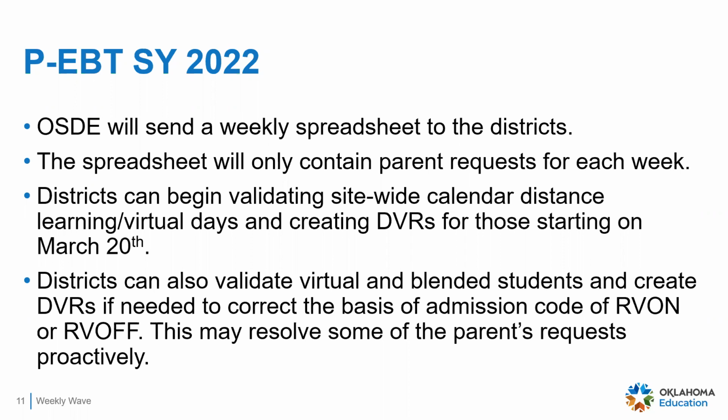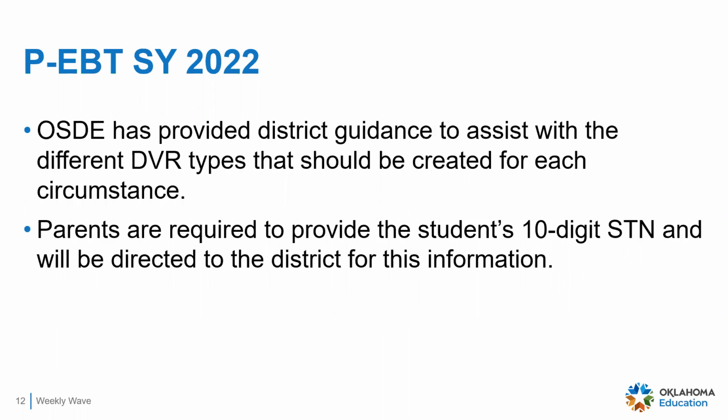You can also validate your virtual and blended students and create, if your basis of admission was incorrect, so go ahead and make sure you're proactively doing that, as it might resolve the parent's request now. Also, we've provided guidance to assist you in creating those DVRs, so it should help you make sure you're doing it in the right section.